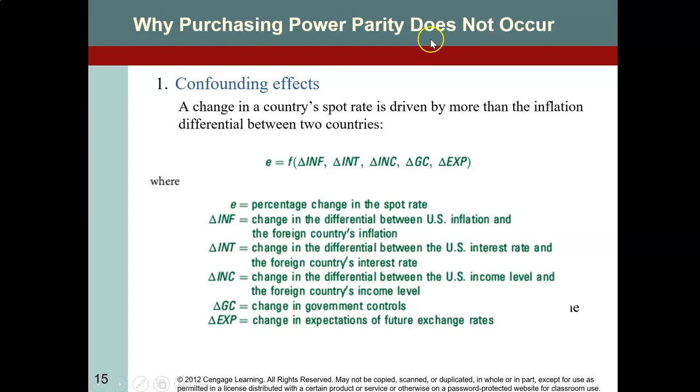Why does purchasing power parity not occur? First reason, confounding effects. A change in a country's spot rate is driven by more than the inflation differential between the two countries. We've discussed this before, right?